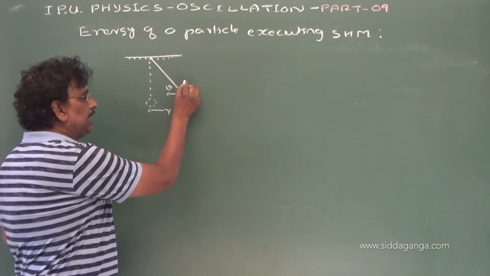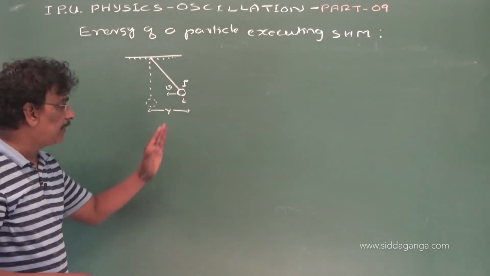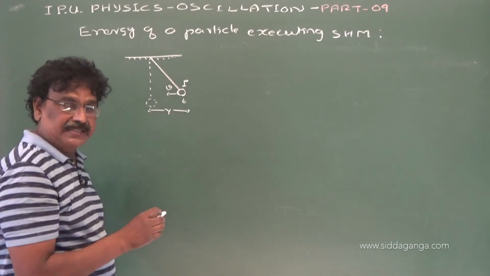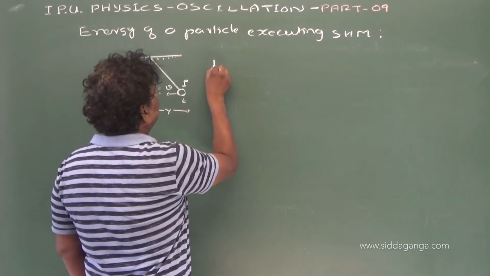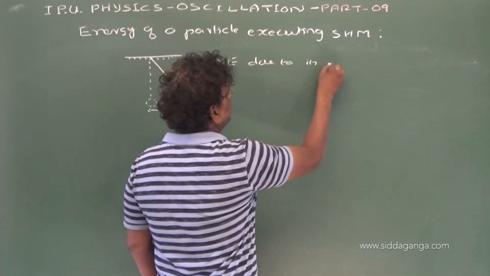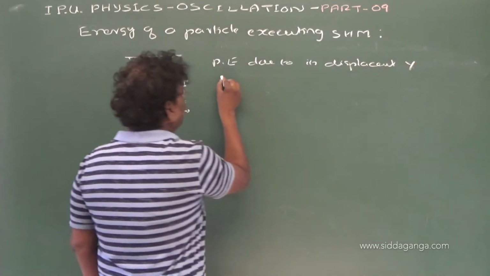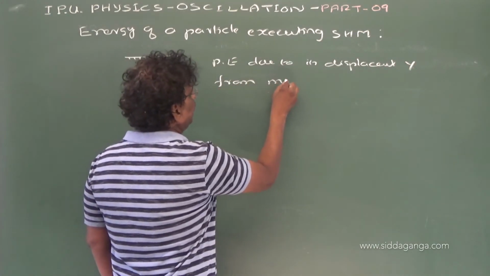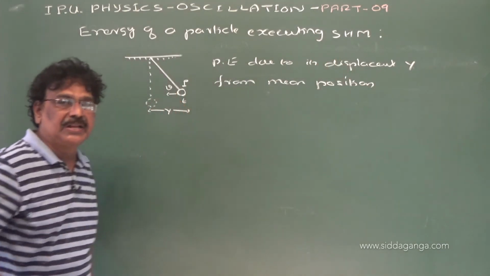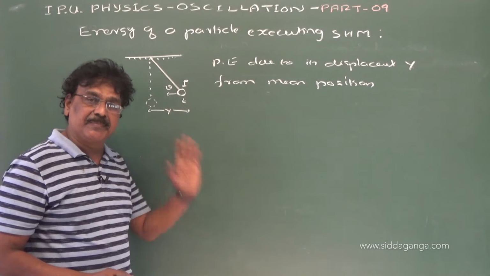Now we see at position P of the bob, at that instant of time t, the body is displaced. Now it possesses potential energy due to its displacement y from the mean position.